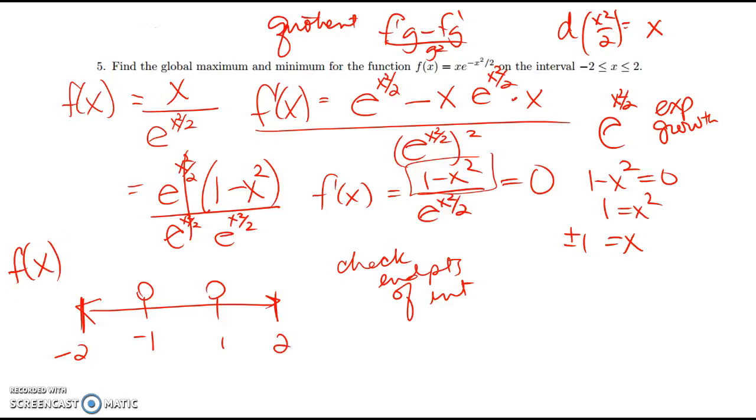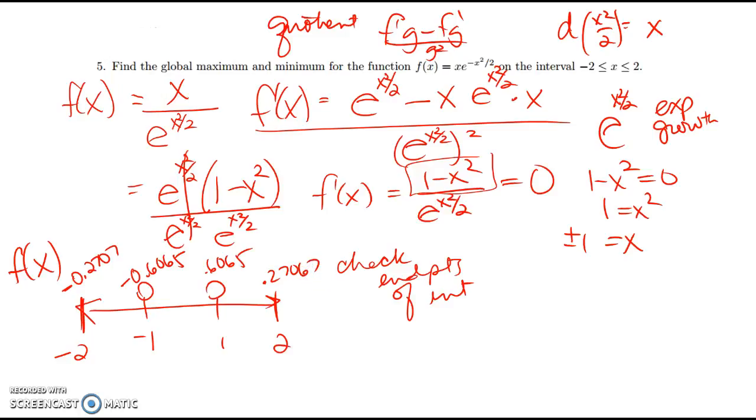If I plug in -2 into the original function, I get something on the order of this. If I do -1, I get this. If I do 1, I get 0.6065, and this is 0.27067.